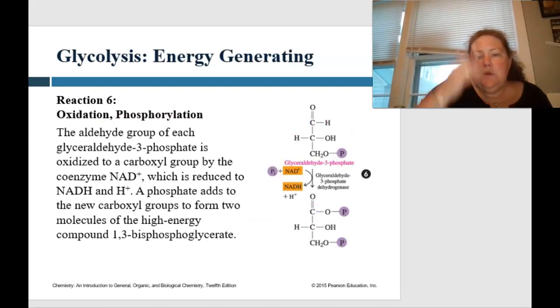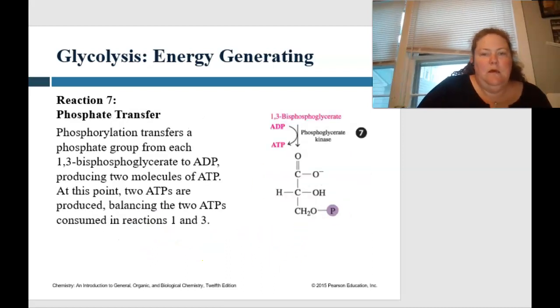Then we go on to reaction 6, and this is where we're actually going to make the energy. This is the oxidation and phosphorylation. The aldehyde group of each glyceraldehyde 3-phosphate is oxidized into a carboxyl group by the coenzyme NAD+, which is then reduced to NADH and the extra hydrogen that we talked about previously. A phosphate adds to the new carboxyl groups to form 2 molecules of the high-energy compound 1,3-bisphosphoglycerate.